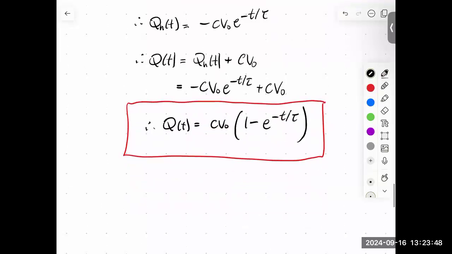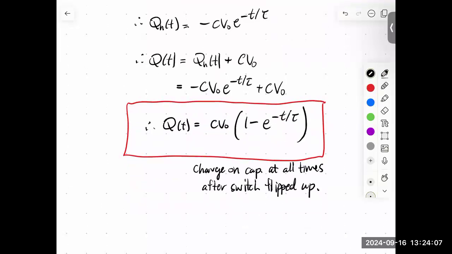And this is the charge on the capacitor at all times after the switch is flipped into the up position. We could check, and it's a good idea to do this check.